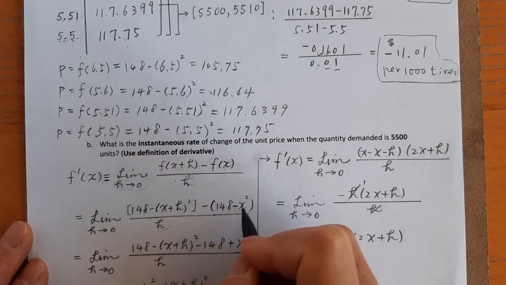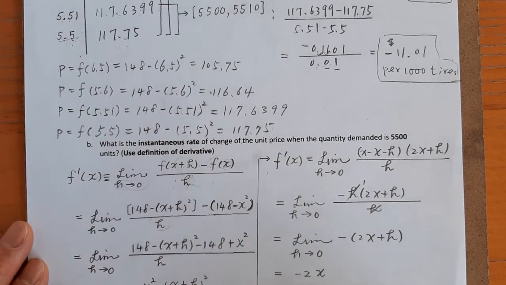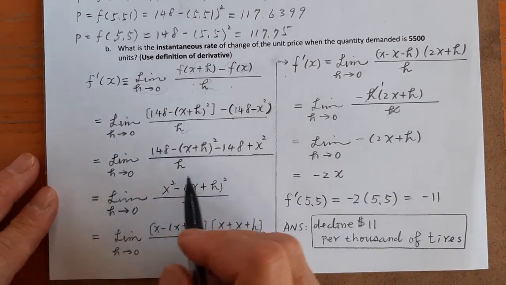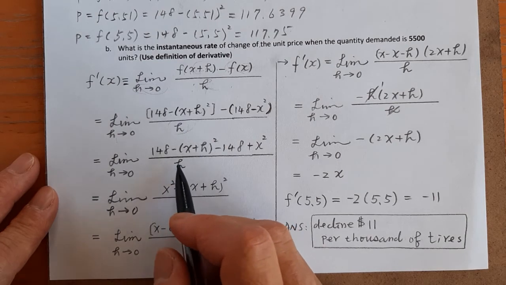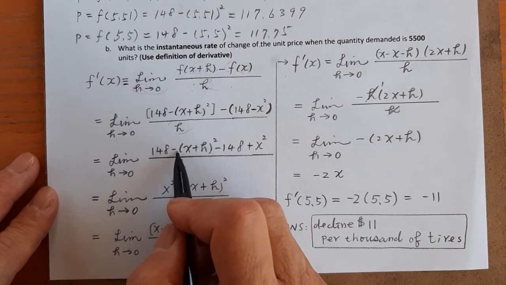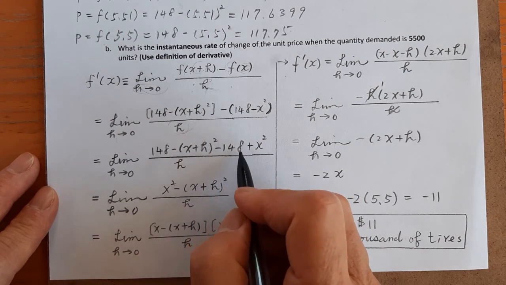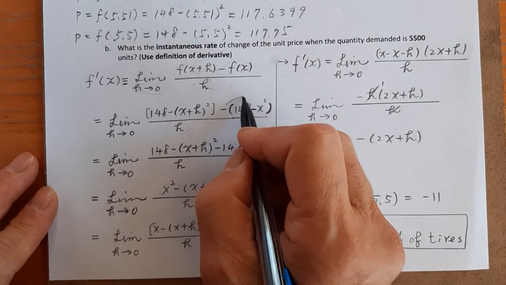You need to put the parentheses. Then remove the parentheses. Limit h approaches 0, h is in the denominator, 148 minus x plus h, quantity squared, minus 148.